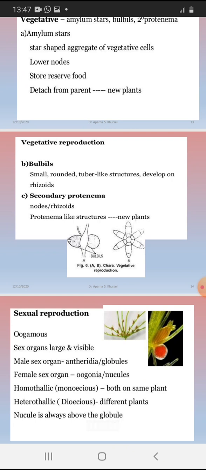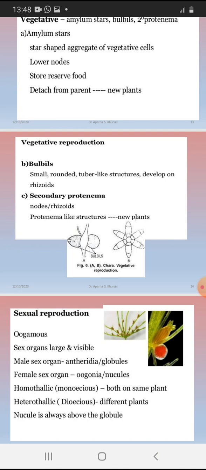The other mode of vegetative reproduction is by means of bulbils. These are small, rounded bodies normally present in rhizoids or in the nodal or internodal part of the main branch. These are perennating bodies which under favorable conditions germinate into a new plant. Another way of vegetative reproduction is through secondary protonema.